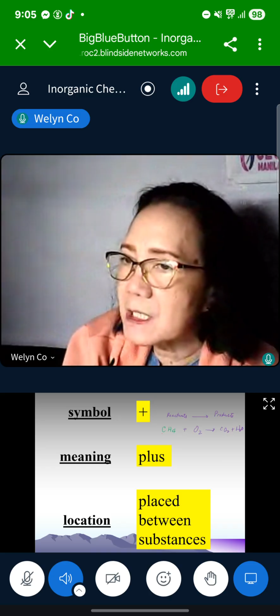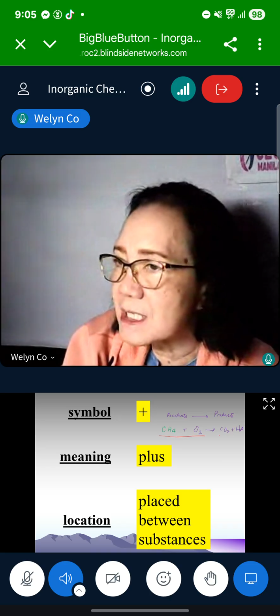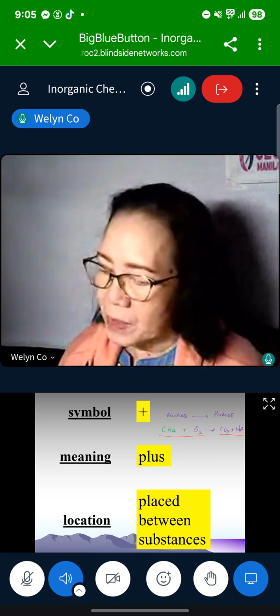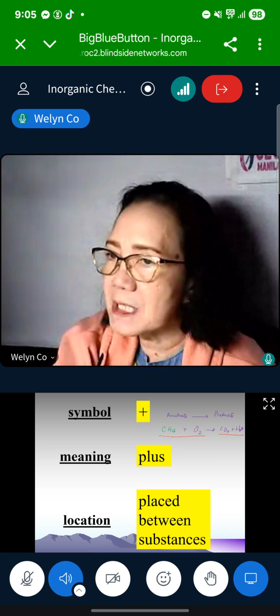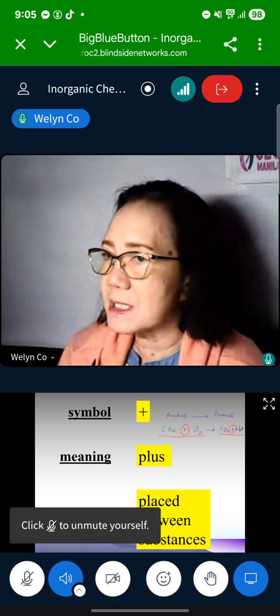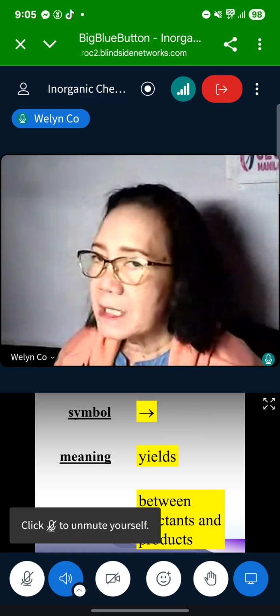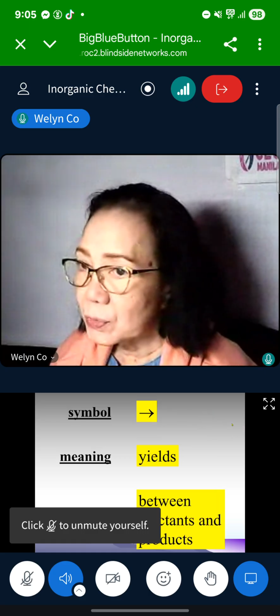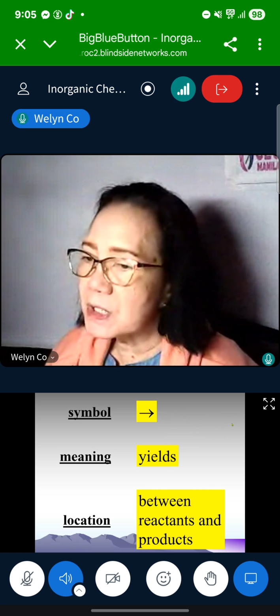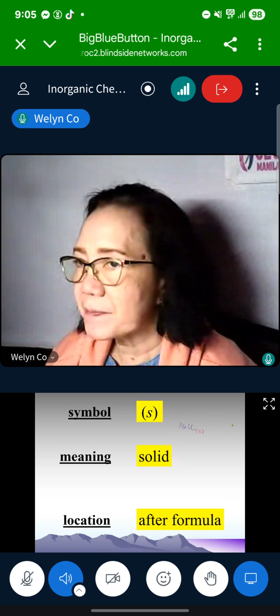So you have your expression of the reactants, the substances after the arrow are your products. So you can see the symbol of plus in between the substances. Then you have the arrow. This means it yields or to produce the location between the reactants and the products.